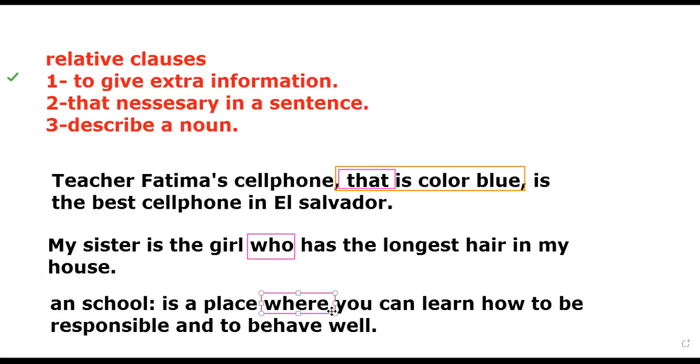The last question. The last question is relative clauses, used to describe the second or third.